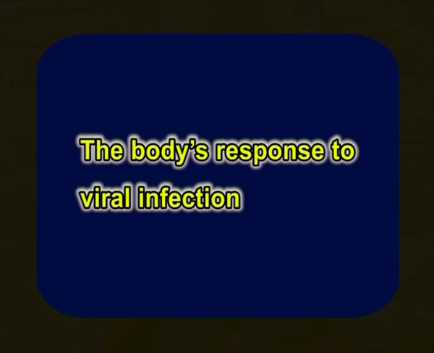Let's see the body's response to a viral infection. Viruses pose a considerable challenge to the body's immune response system because they hide inside cells. This makes it difficult for antibodies to reach them.